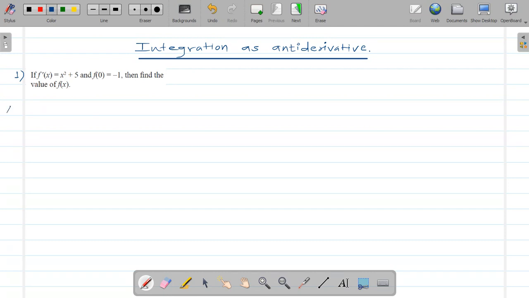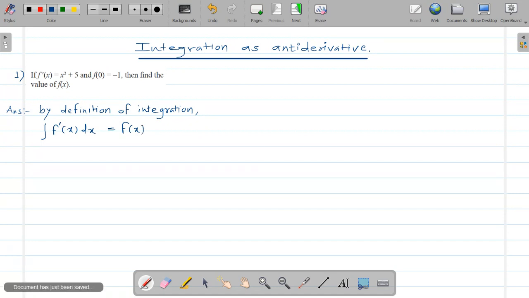So in the answer, first of all I will write: by definition of integration. What is the definition of integration? We know that the integration of f dash x dx as antiderivative is nothing but f of x.